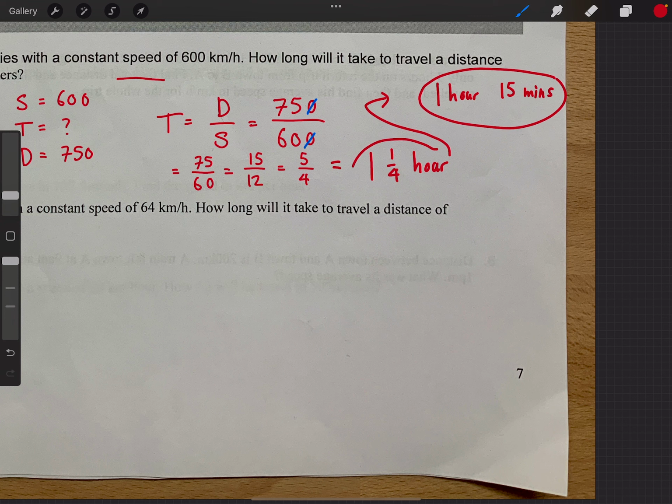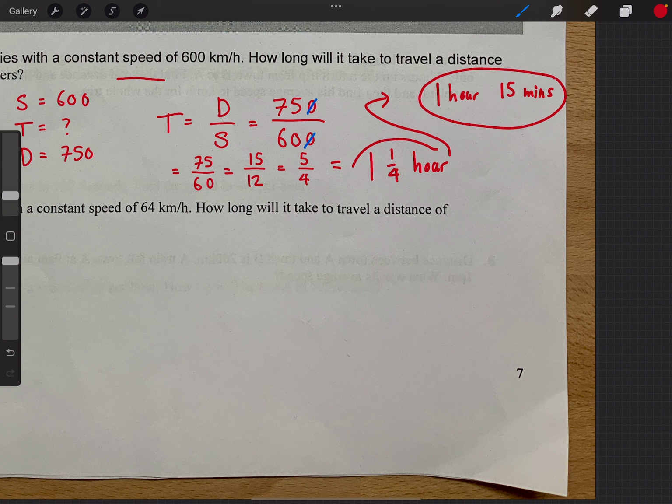What was the question asking for? Asking for the time. And this will have to be in terms of hours, because we're dealing with hours here. So this is 9 and 1/6 hour. Now 1/6 hour is 1/6 of an hour. An hour has 60 minutes. So what's 1/6 of 60? That's 60 divided by 6, which is 10.